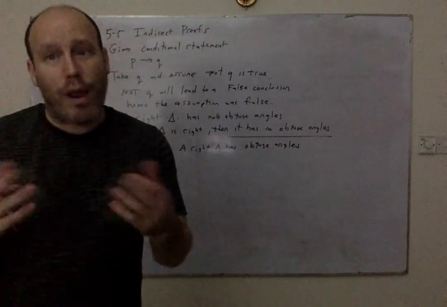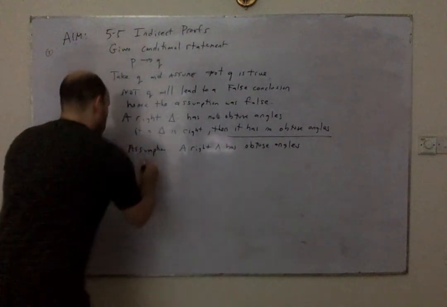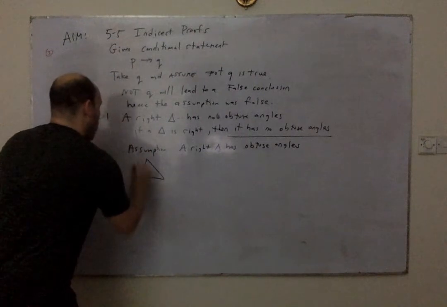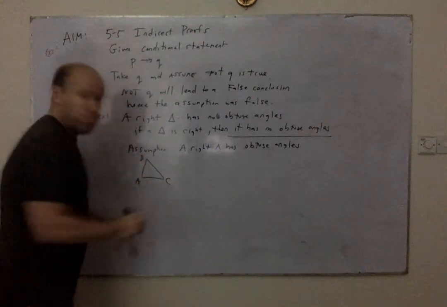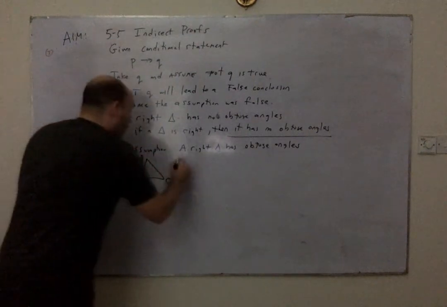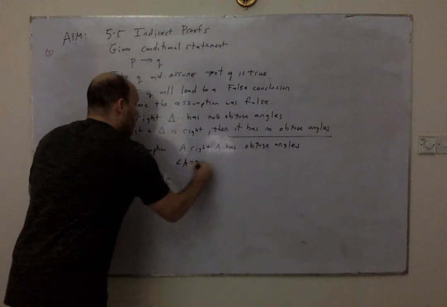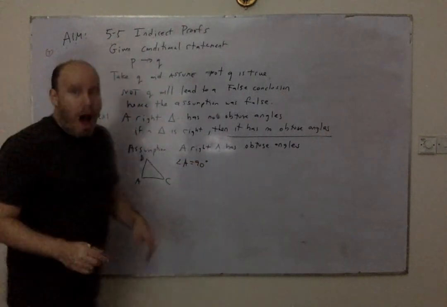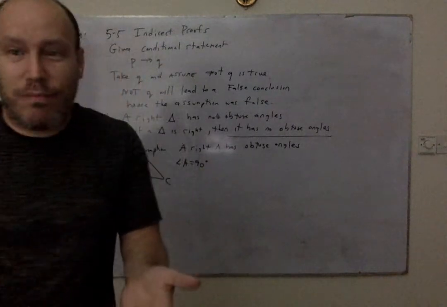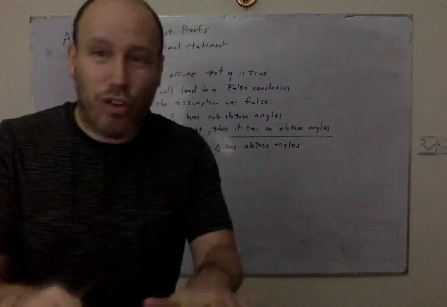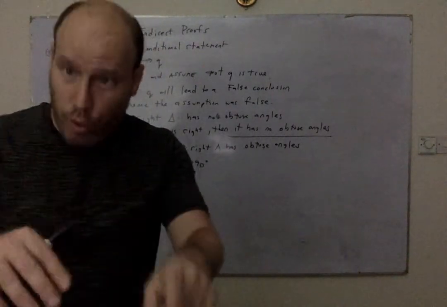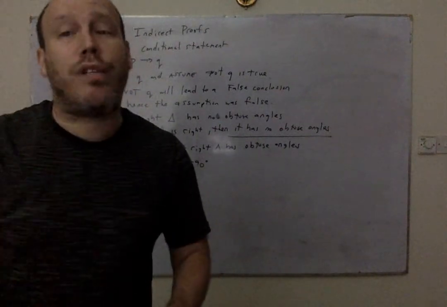Let's assume I have a right triangle A, B, C. I'm going to let angle A equal 90 degrees. Now, once again, you're saying, Mr. Elliott, that's totally false. We're going to get to a contradiction.